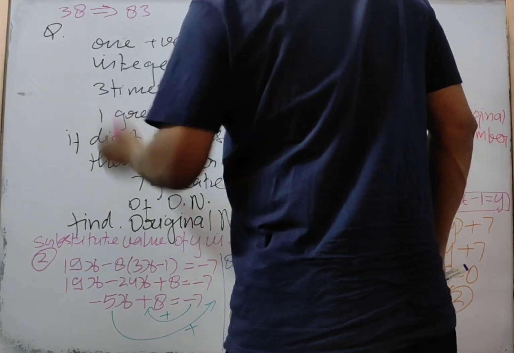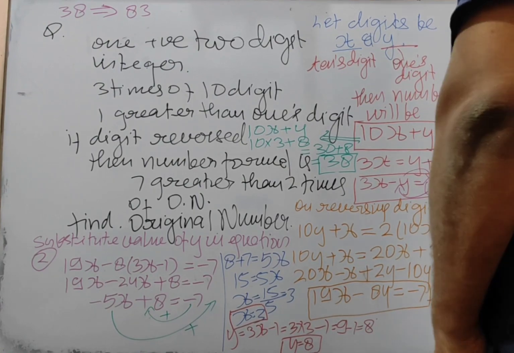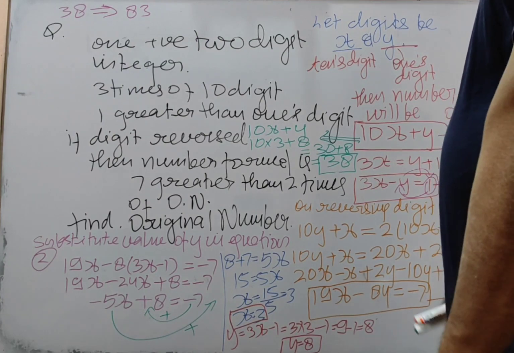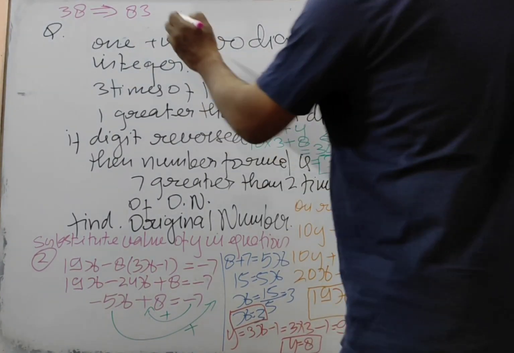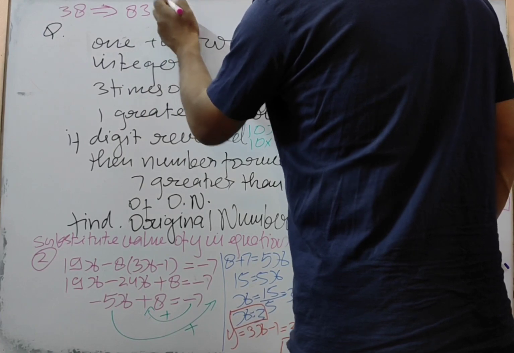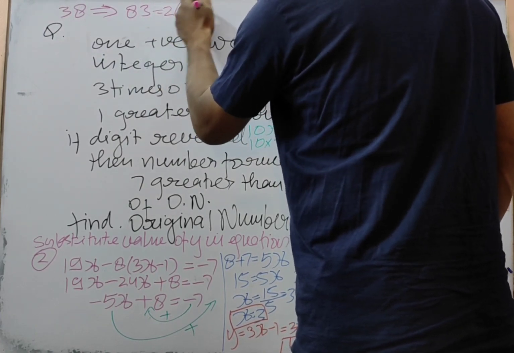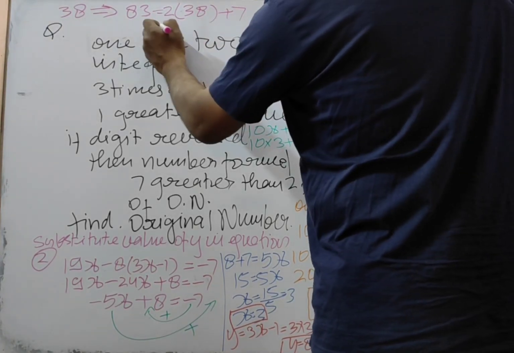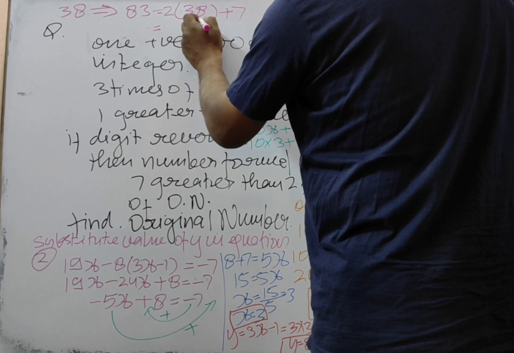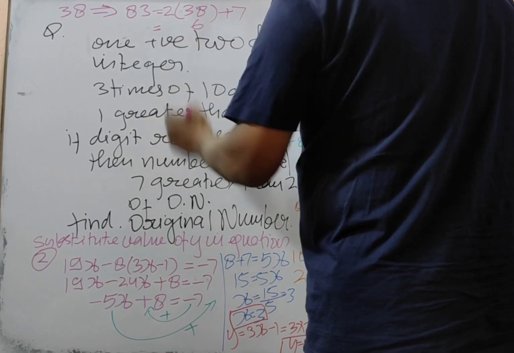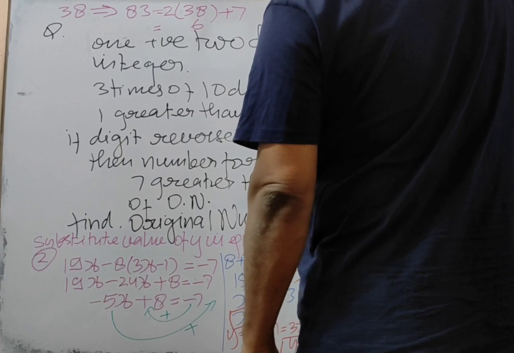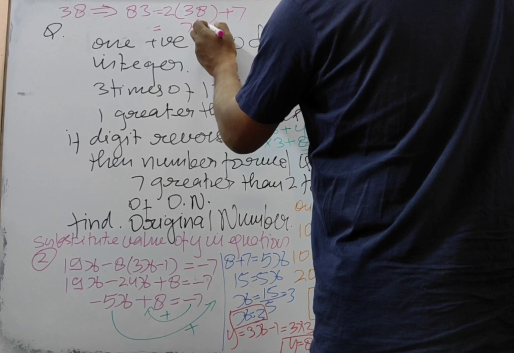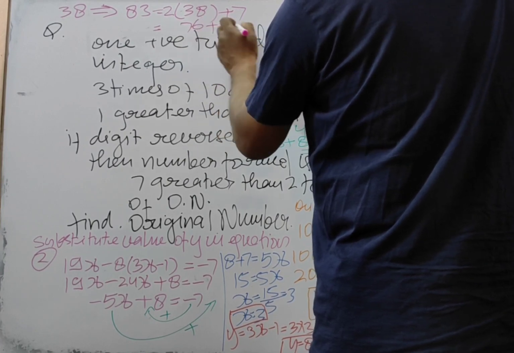83, and this 83 is 2 times the original number plus 7, that is 38 times 2 plus 7. So 2 8s are 16, 2 3s are 6 and 1 is 7, 76 plus 7 becomes 83.